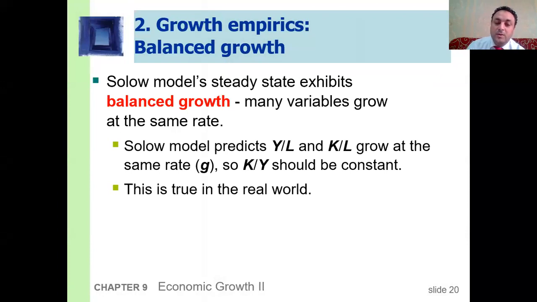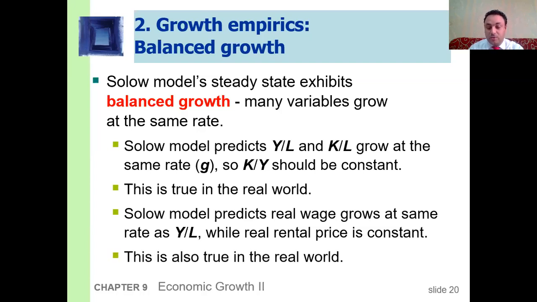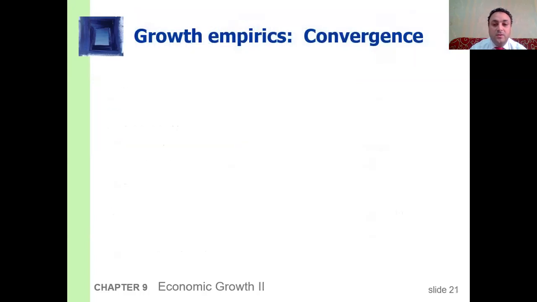Is this true in the real world? The Solow model also predicts that the real wage grows at the same rate as output per worker, while the real rental price is constant, which is also true in the real world, as we saw in the previous lesson.